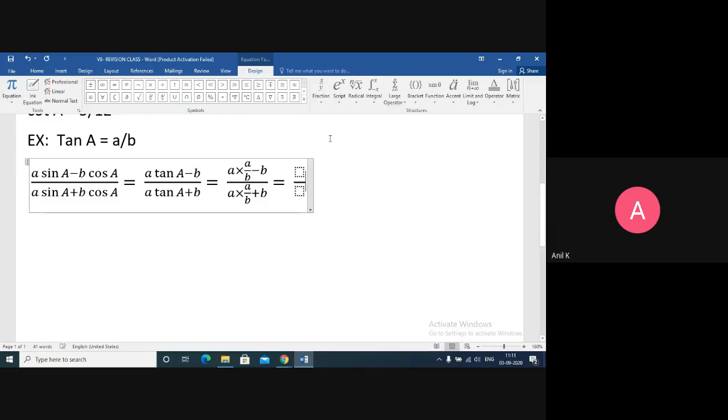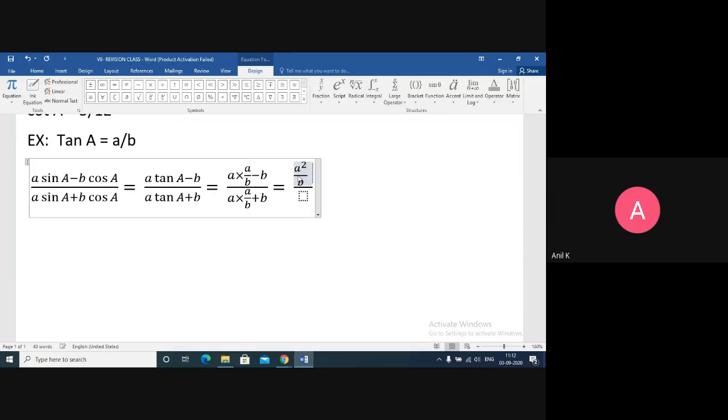First term I'll get A into A is A square. So here I have A square upon B minus B, and here also you will get A square upon B plus B, instead of minus B you get plus B. So take the LCM.